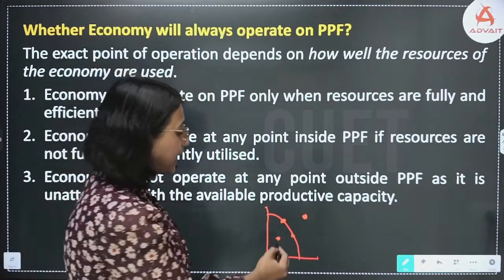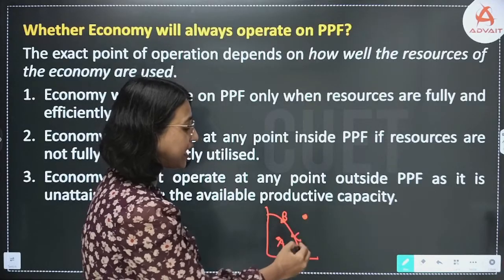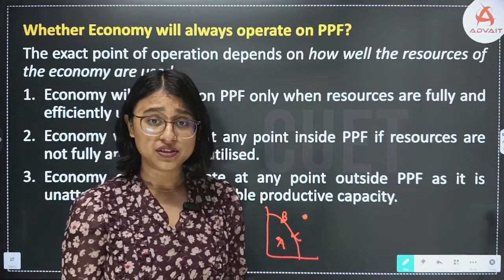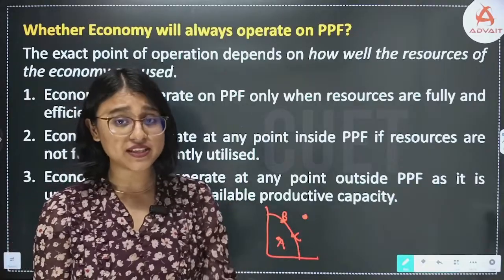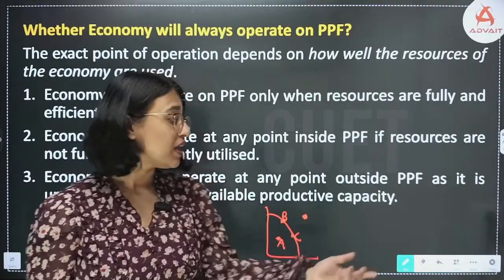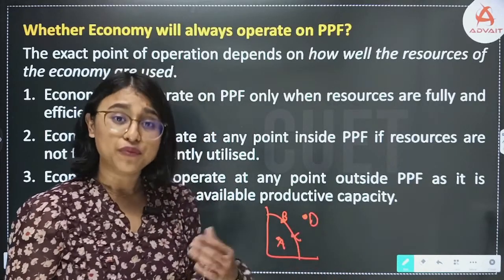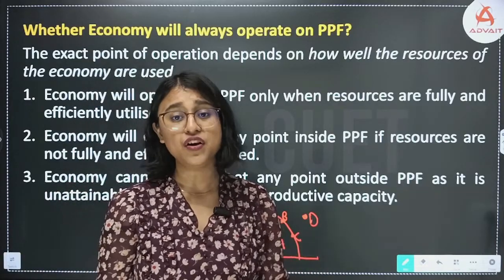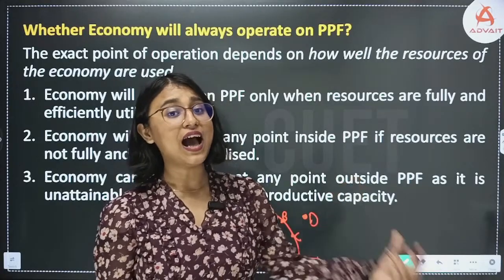Now, a point inside the PPF or on the PPF, like A, B, C, is an attainable point. What does an attainable point mean? It means we have enough resources to produce those combinations of goods. But for points like D, which is outside the PPF, we do not have the available resources to produce that combination of goods, and therefore it is said to be an unattainable position.